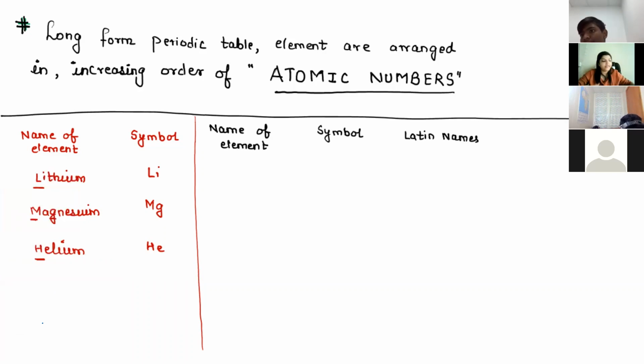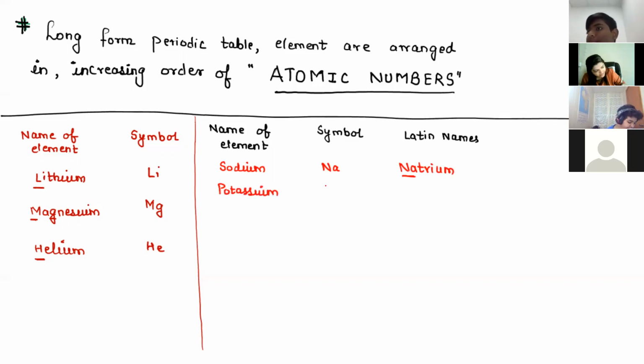There are total 11 such elements. The first one is sodium. The symbol is Na because its Latin name is natrium. Then we have potassium, which is K, whose Latin name is kalium.